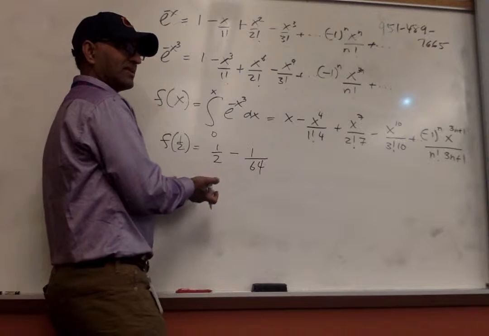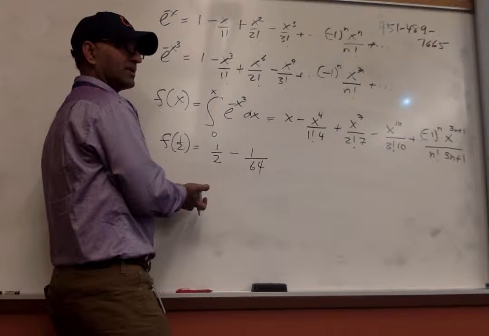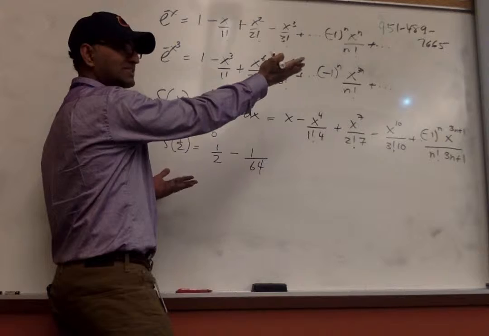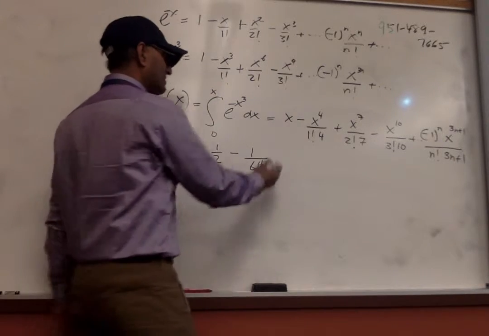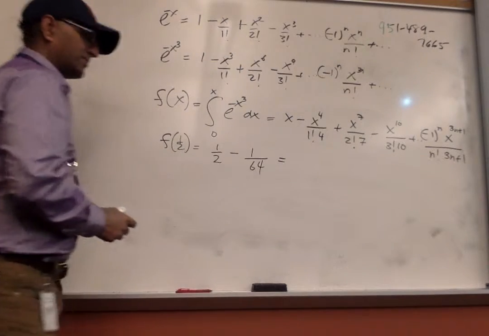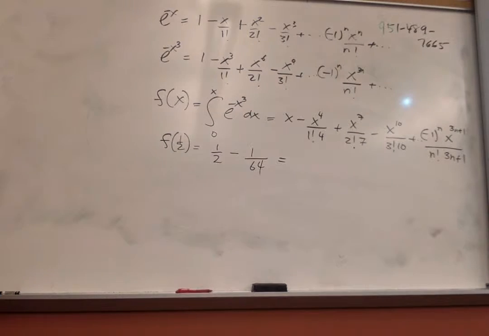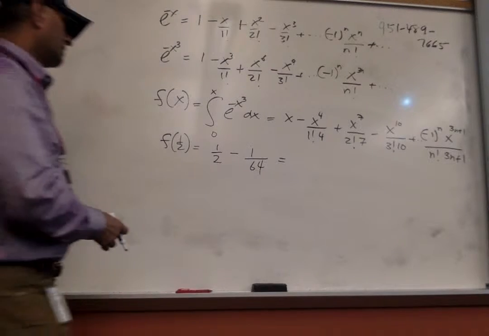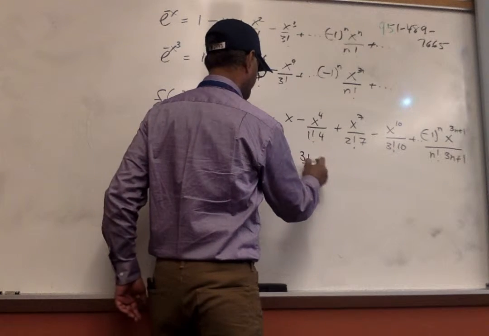And that's it, right? Oh, why am I stopping? I'm just following instructions, guys. Simplify, tell me what you get. Go on. Was it 31 over 64?